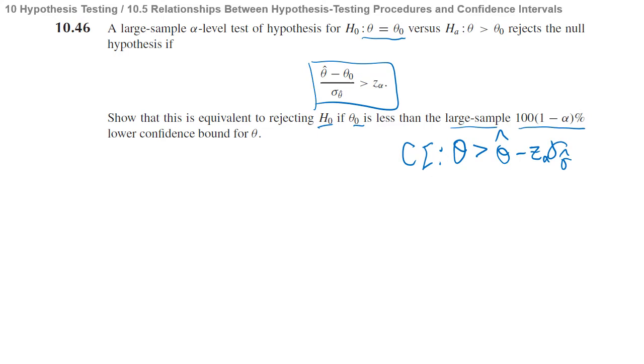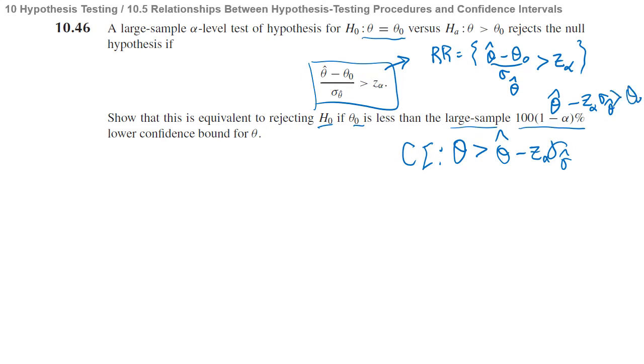And from this test statistic, the rejection region is this one: zeta hat minus zeta 0 divided by sigma zeta hat is greater than z alpha, and this is actually zeta hat minus z alpha sigma zeta hat is greater than zeta 0. So this is the rejection region.